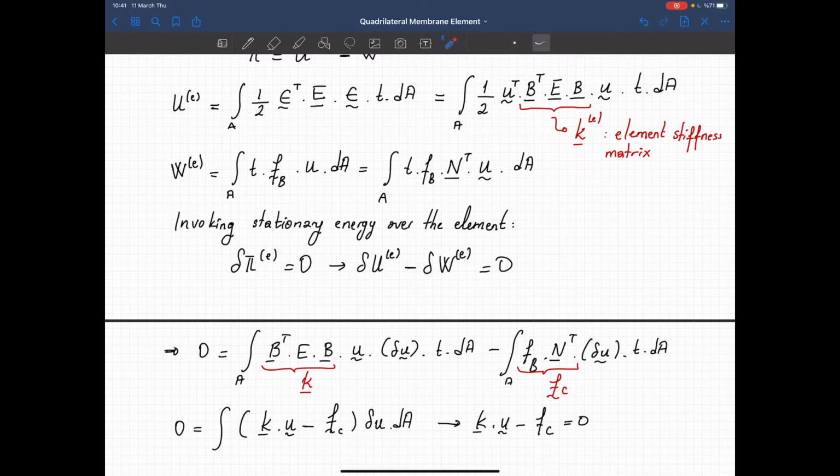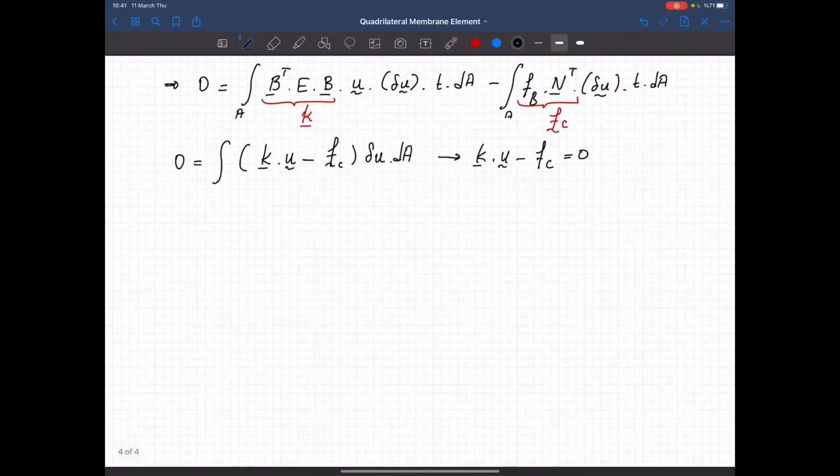This tells us that in order to evaluate the stiffness matrix, you have to evaluate that integral. And in order to obtain the consistent load vector, you have to evaluate that integral. So in that case, K will be equal to the integral of B transpose times the constitutive relationship times B, T times dA.